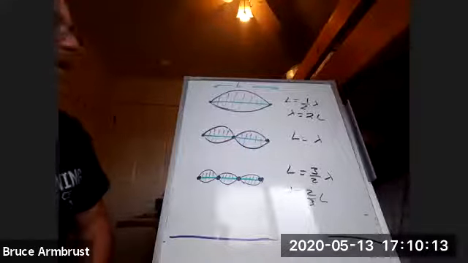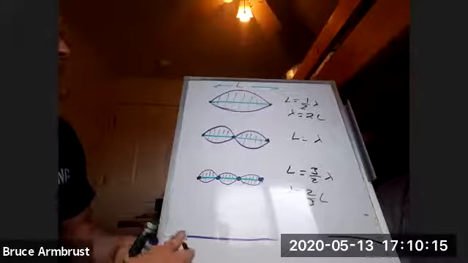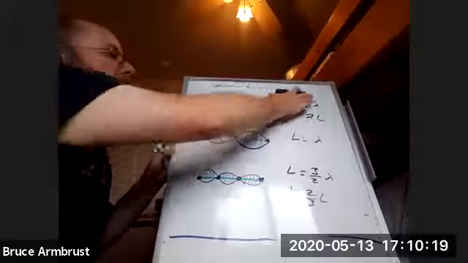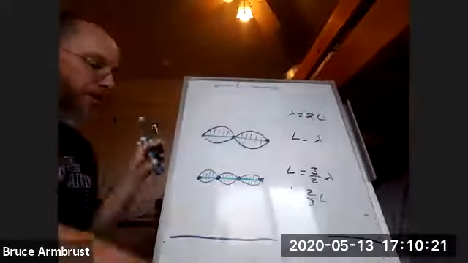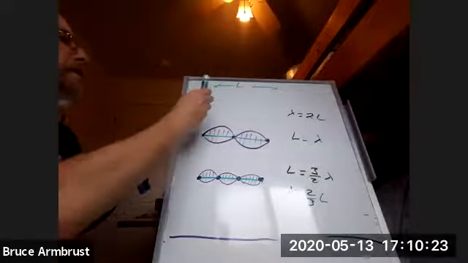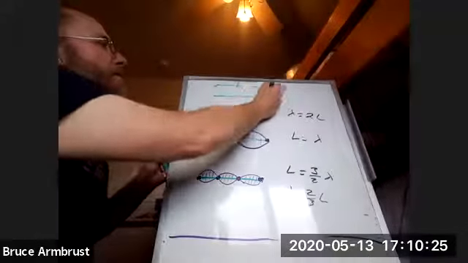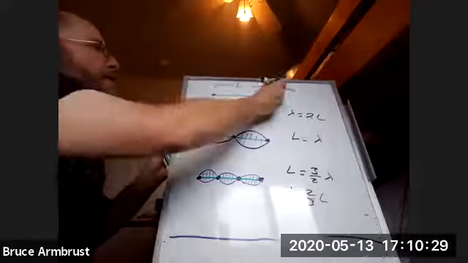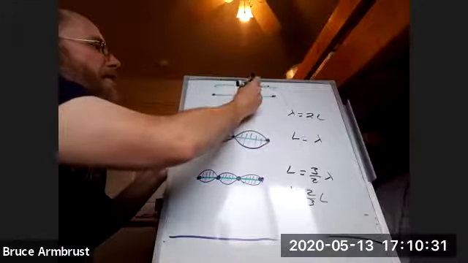So let's go to generic. I'm going to leave that lambda equals 2L up there, but let's go to a generic one now. So here's our length, and we know we've got nodes at the 2 ends, and then we've got a certain number of other nodes.